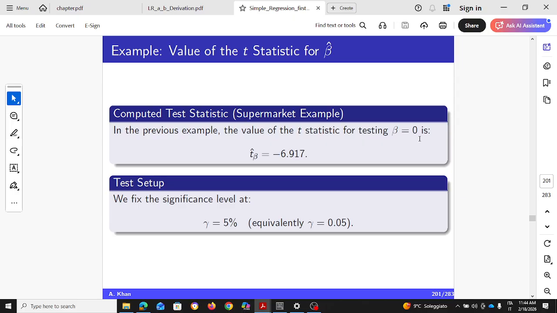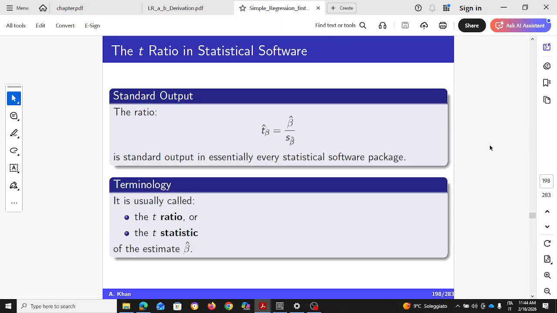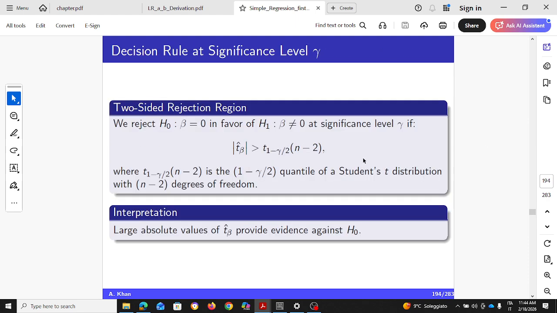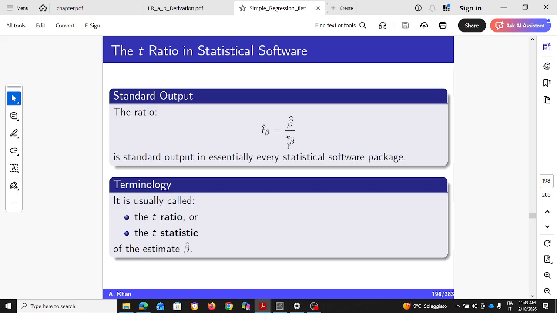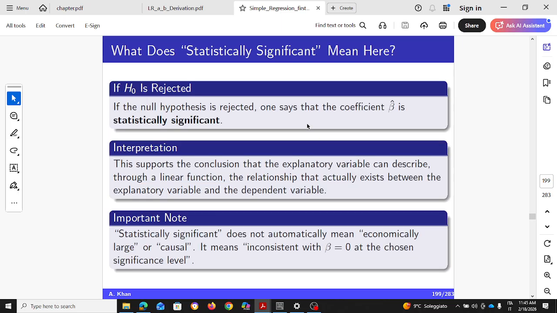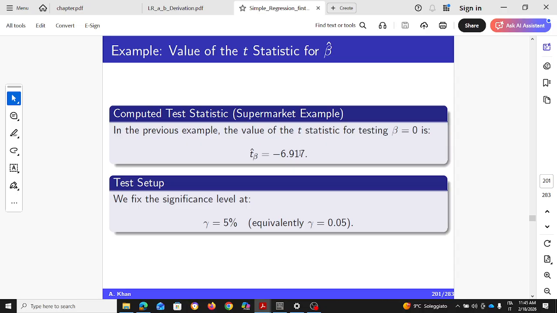Now, in the case of the same data set for the supermarket, if we calculate this value, it is minus 6.917. Now we fix a significance level at gamma equal to 5%, which is 0.05, to test it.